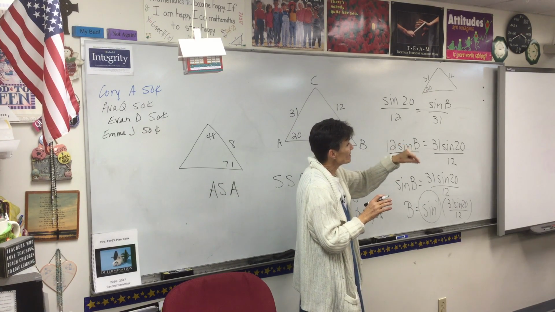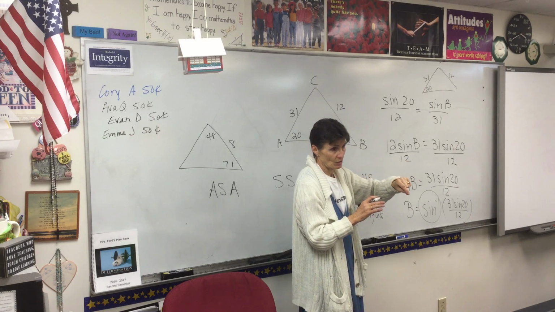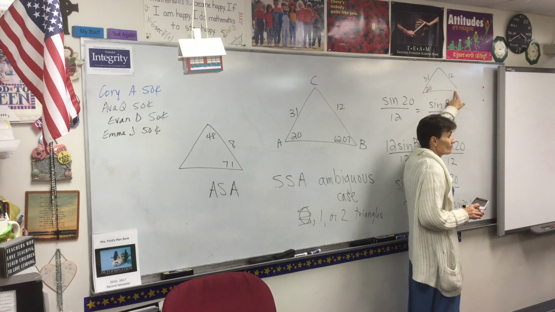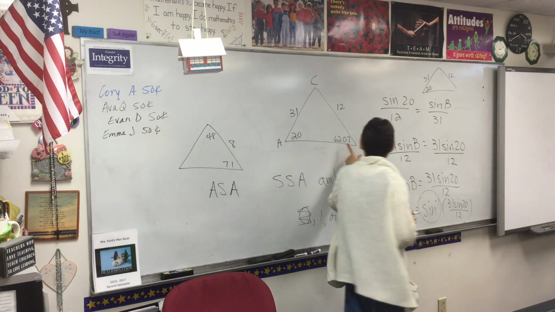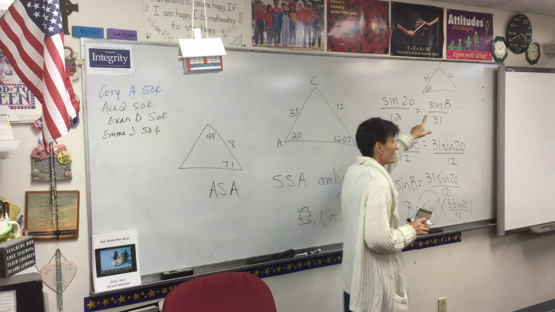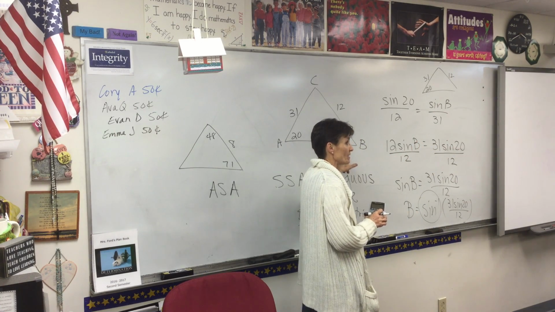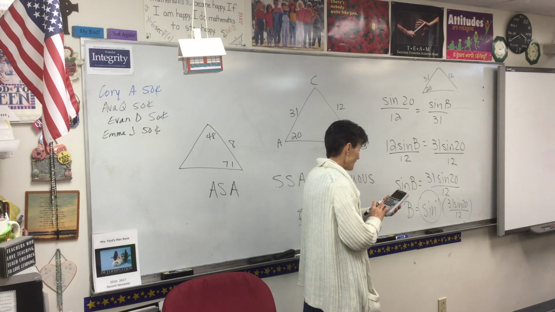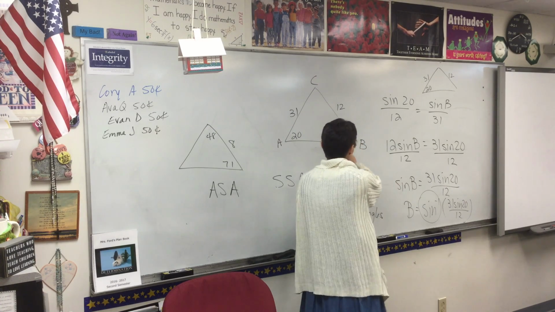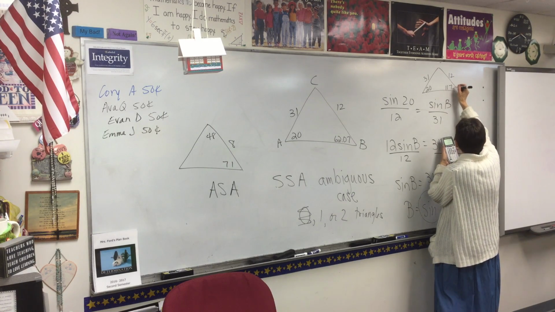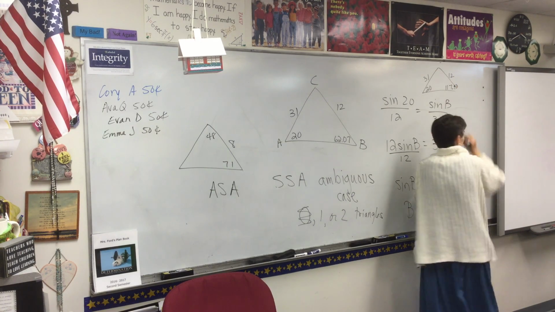If there is a second answer, this angle, the one you just found, will be 180 degrees different than this. So if I take 180 minus 62.07, I get 117.93.